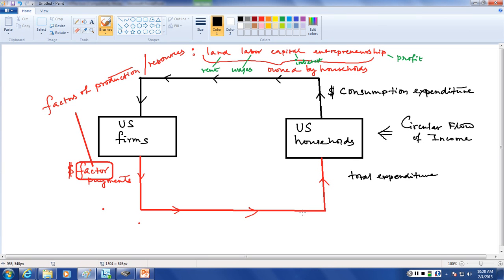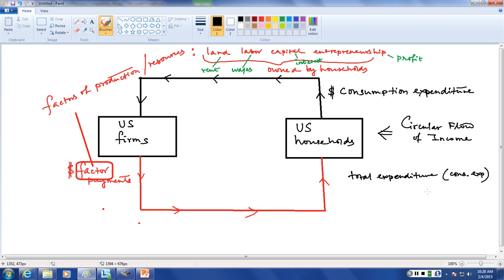And so really all of this in our simple story is consumption expenditure. Now, in a more complicated story, this will be different. In other words, there will be some other parties buying goods and services as well. But in this very simple circular flow, the only expenditure here comes from households.